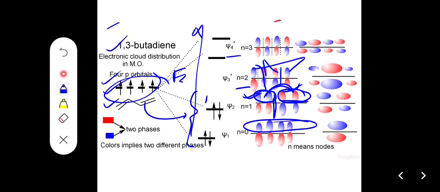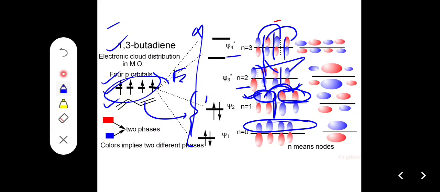And last one, there should be 3 nodes. So all 4, these are defined and these are defined. These and these are the same and these are the same. So due to the number of nodes, we get defined phase orientation.